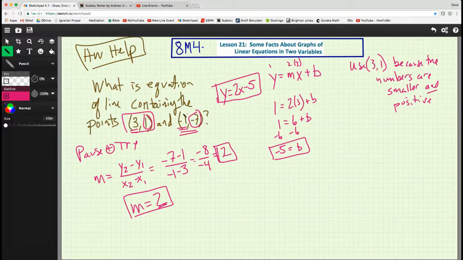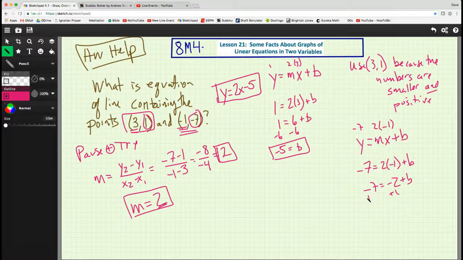Now just to show you that -1, -7 worked, just in case that's what you did, we can still give that a try. y equals mx plus b. I'm going to put in my -1 and my -7 and my 2. So -7 equals 2 times -1 plus b. -7 equals -2 plus b.